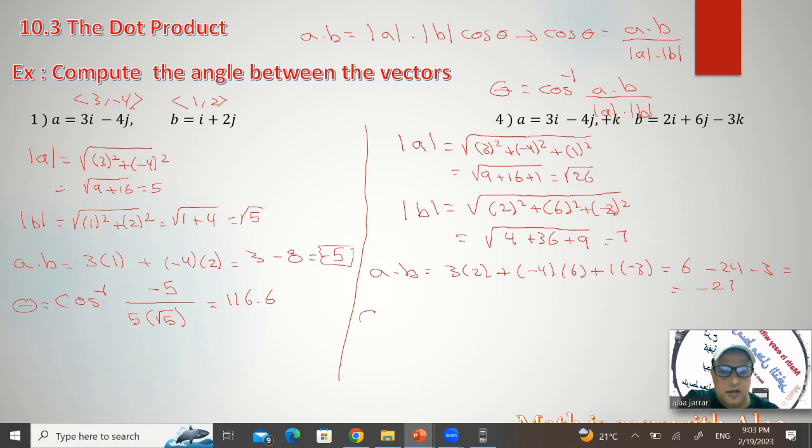So theta equals shift cosine of A dot B, negative 21, over the magnitude of A times the magnitude of B.